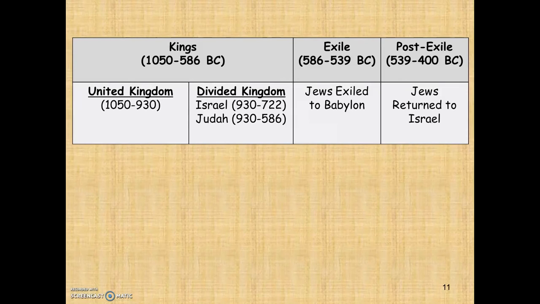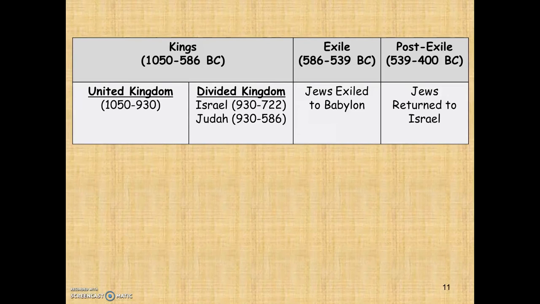The northern kingdom, if you read through the prophets and the book of First and Second Kings, is filled with accounts of their unfaithfulness to Yahweh, and each of the kings is measured back to Jeroboam the First and called wicked.